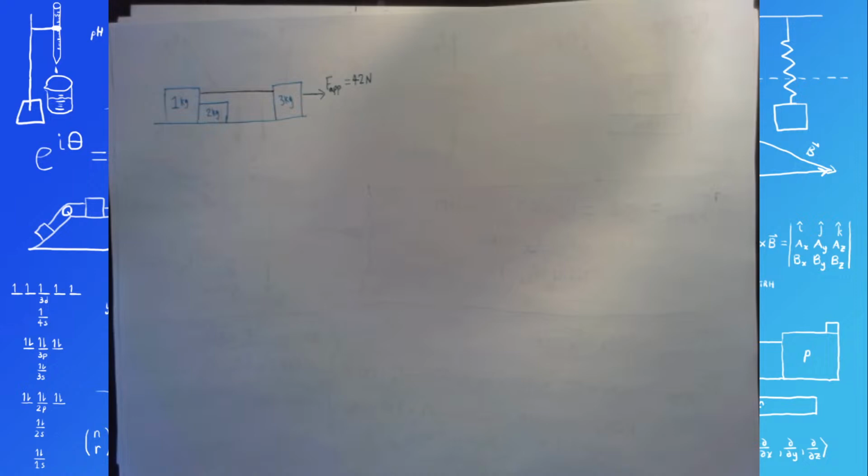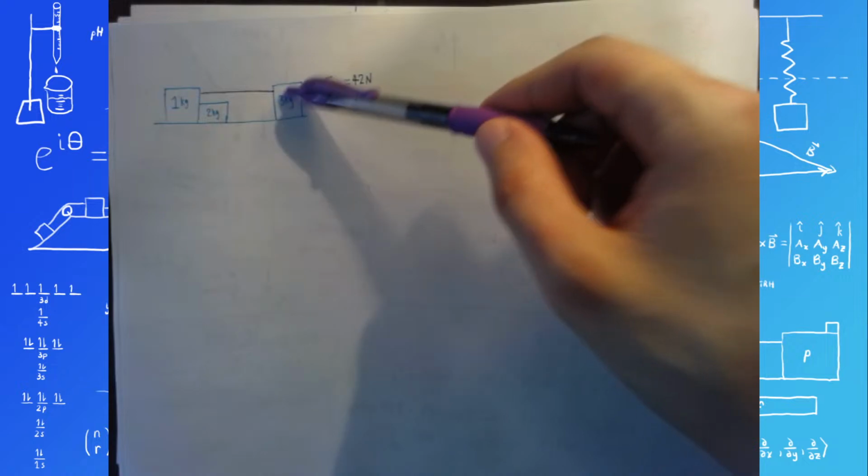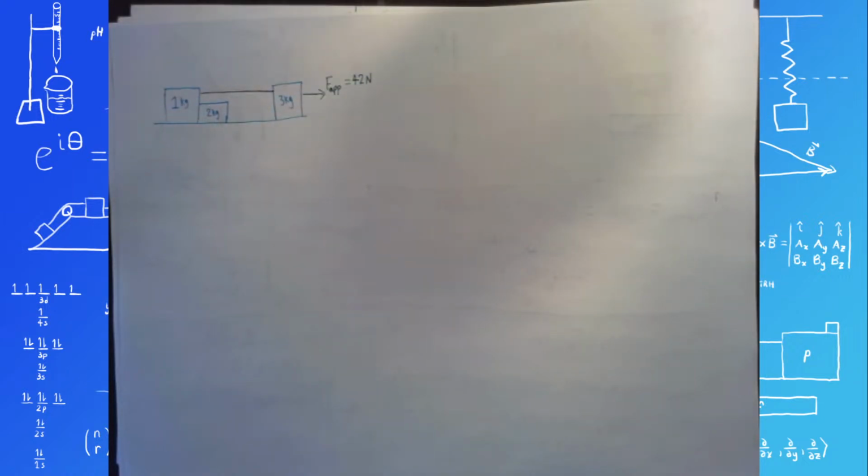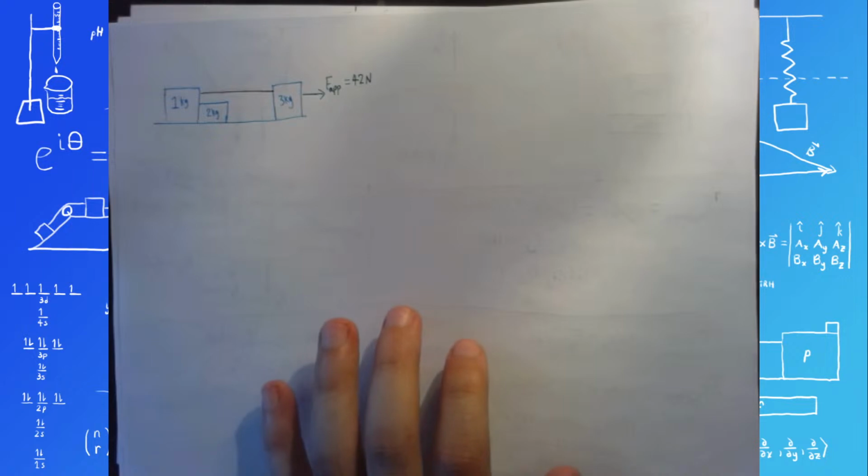Okay, so we have to make some assumptions here, which are common sense assumptions. I don't think anybody is going to be surprised by this, but if I were to set up blocks in this way and I start dragging this 3 kilogram block, then I would expect all 3 blocks to move in lockstep with each other. I think that's a reasonable assumption.